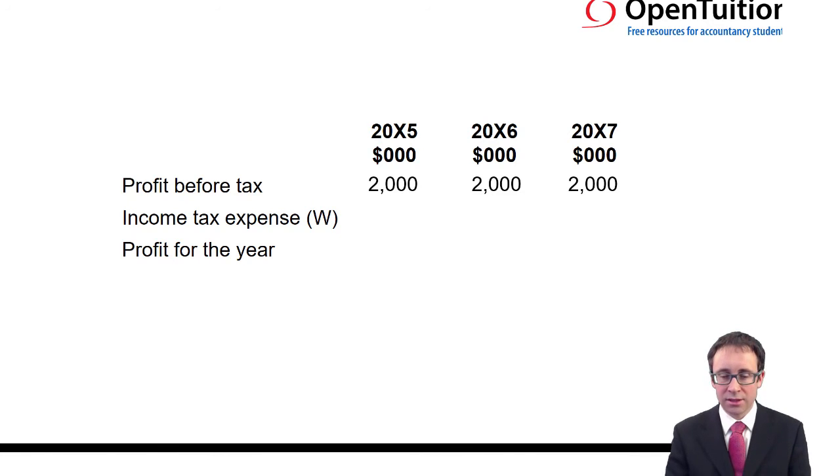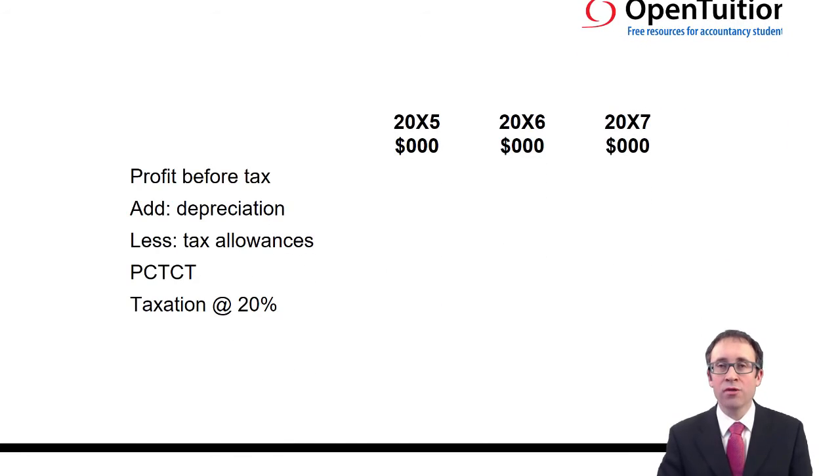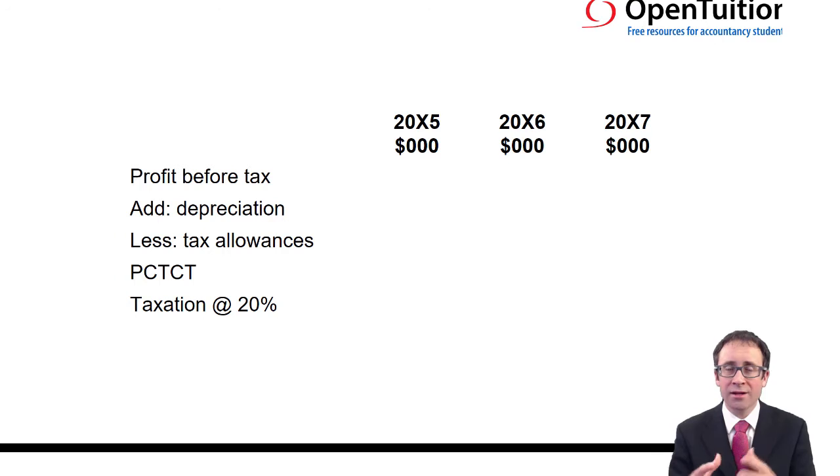So the way in which the tax authorities calculate your tax expense is that they take your profit before tax, so our $2 million, and they remove the rules that you've applied. So they remove your depreciation because they have their own rules for calculating the tax depreciation.